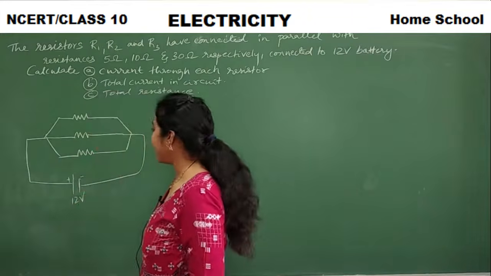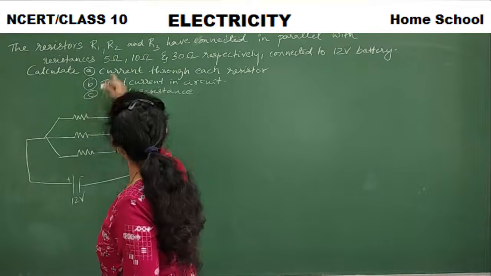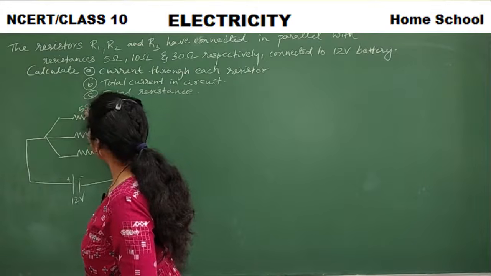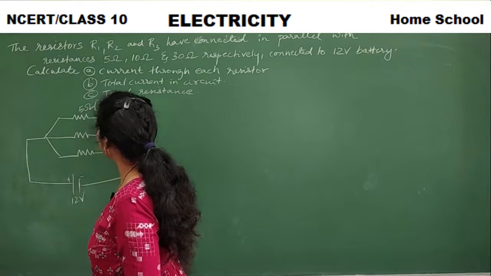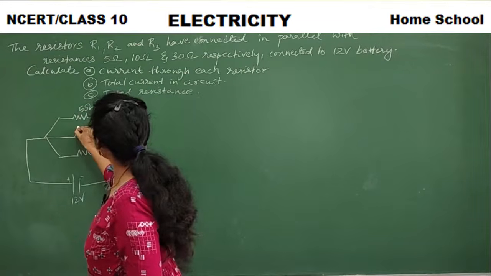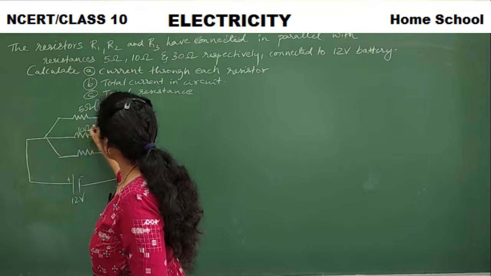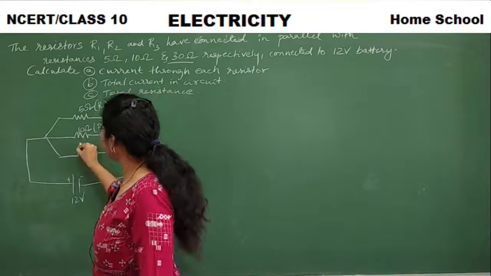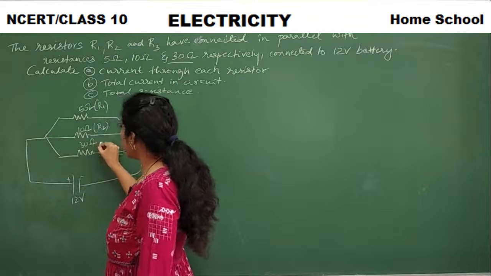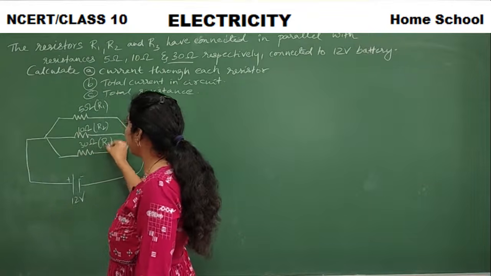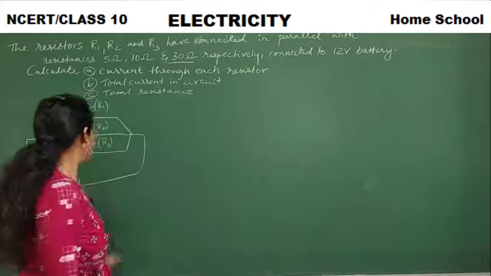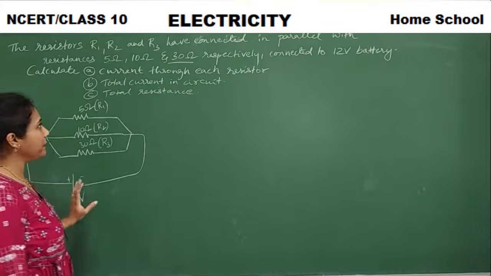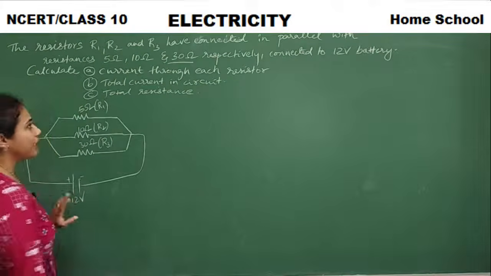The first resistor has a resistance of 5 ohms; this is our R1. The second resistor has 10 ohms of resistance; this is R2. The third resistor has 30 ohms of resistance; this is R3. This is our circuit diagram, connected to a 12 volt battery.